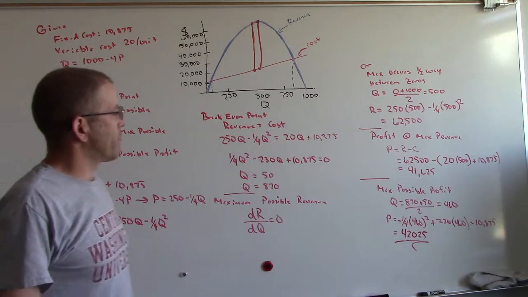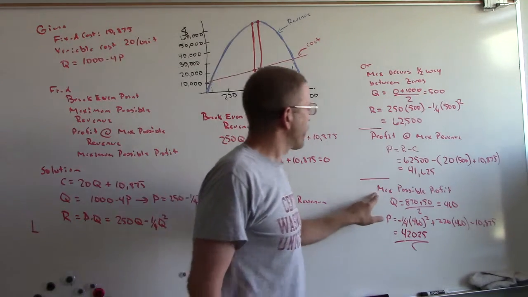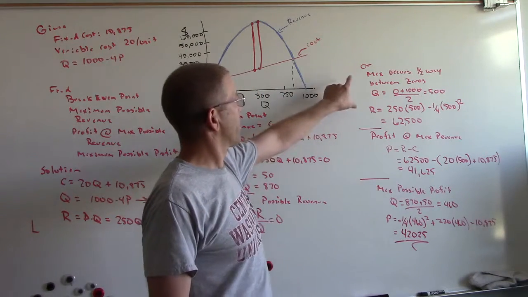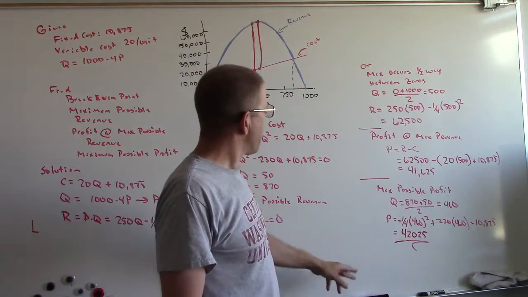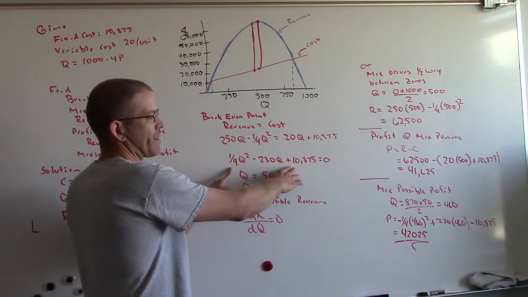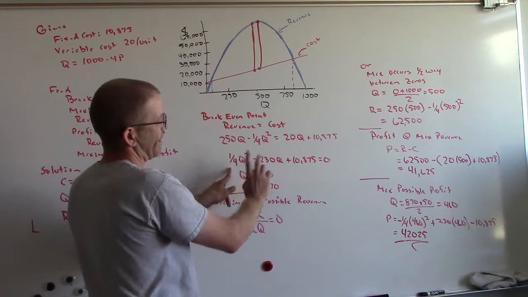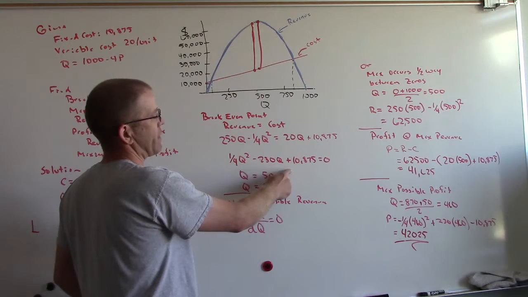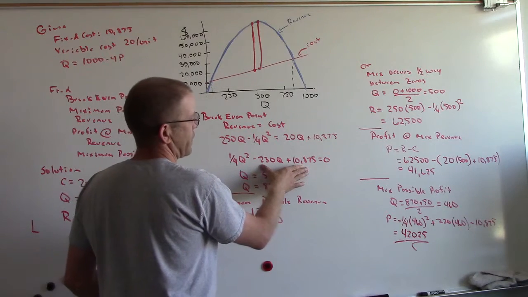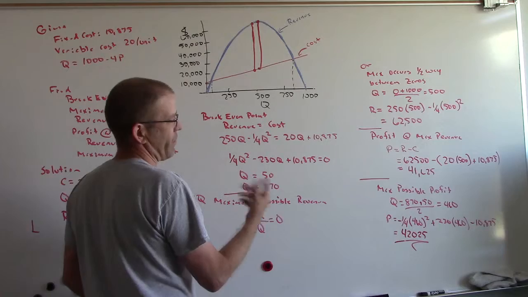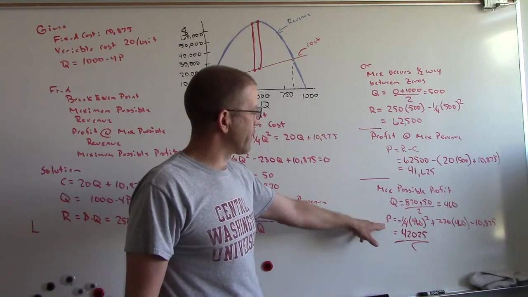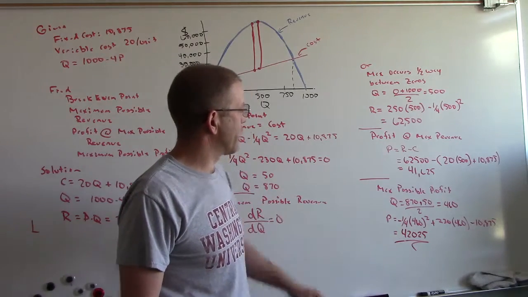Finally, in order to determine the maximum possible profit, we're going to develop a very similar process as we did for the second part of this problem. We're going to recognize that this right here is essentially our profit equation. Now there's some slight problem with the signs here. That doesn't hurt us at all for this particular equation, but when we apply it to our profit equation, it does change the sign slightly.